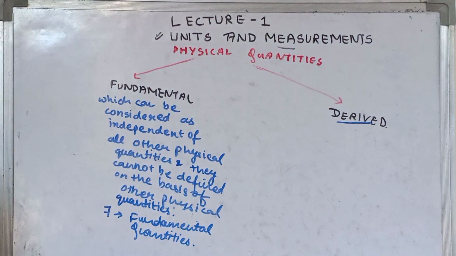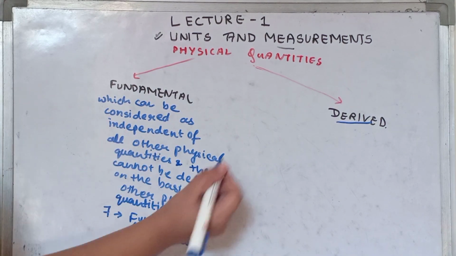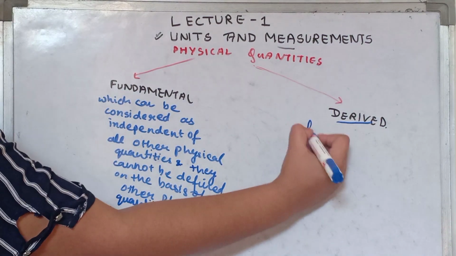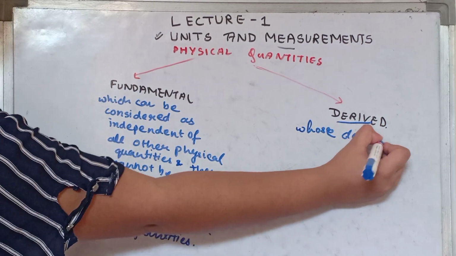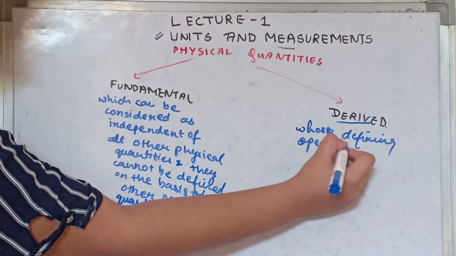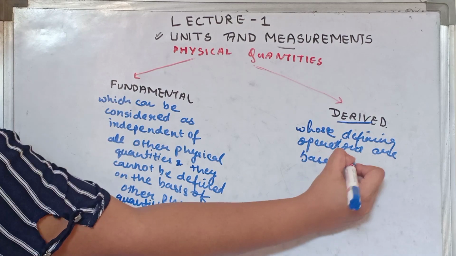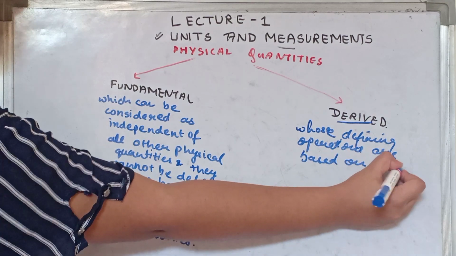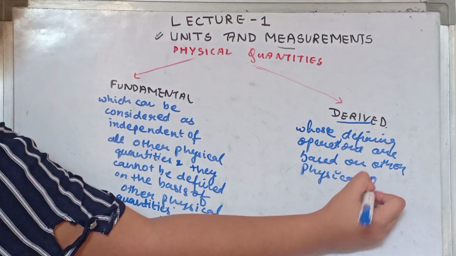And to define this, we write: derived physical quantities are those whose defining operations are based on other physical quantities.